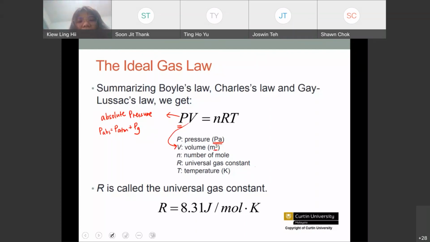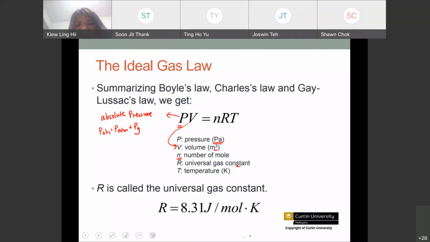n is the number of moles. So this is the SI unit when we want to measure how many moles of the molecule. R stands for the universal gas constant. This is a constant, and if you look at the value and the unit, it is 8.31 joule per mole per Kelvin.